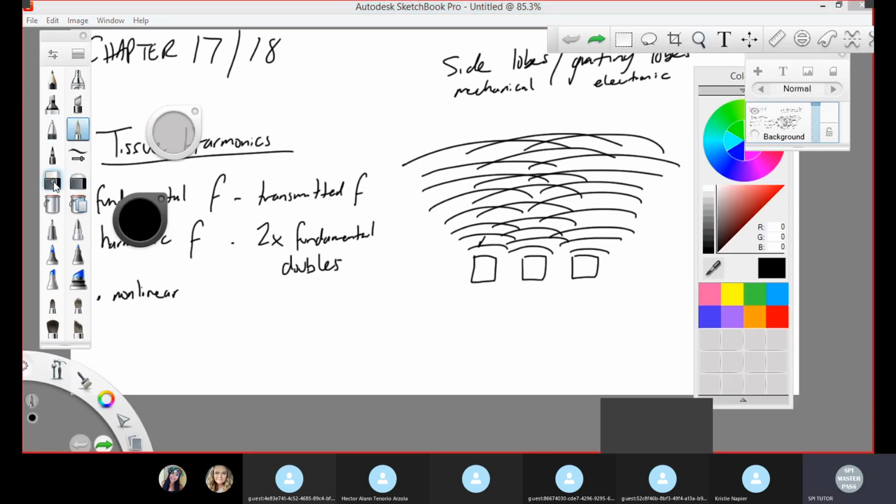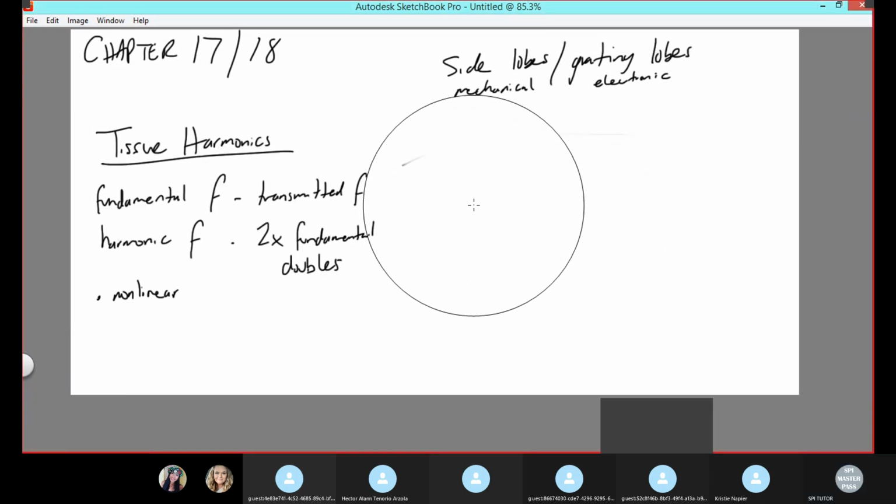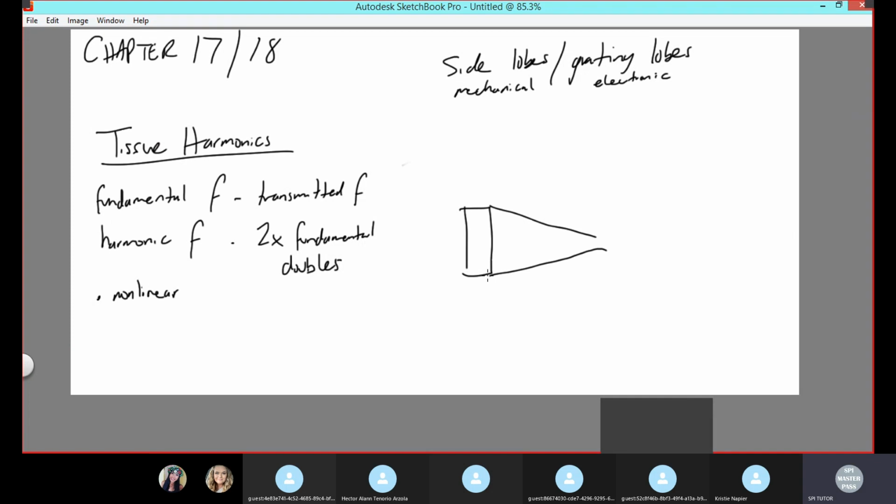So when you have side lobes and grating lobes, you have this crystal that creates the main beam axis, but there are still some waves going out on the sides. That's why I like the word side lobes, because it's very descriptive.